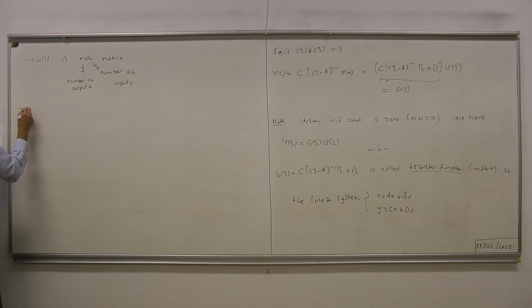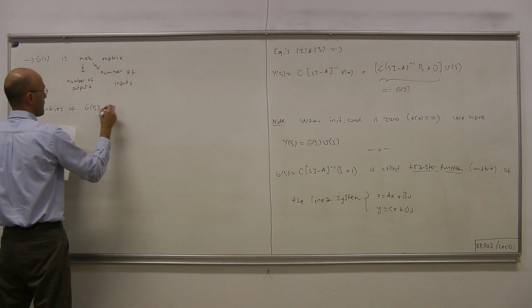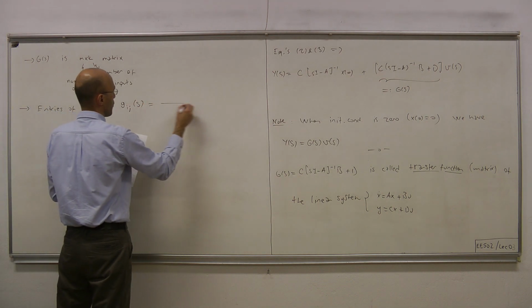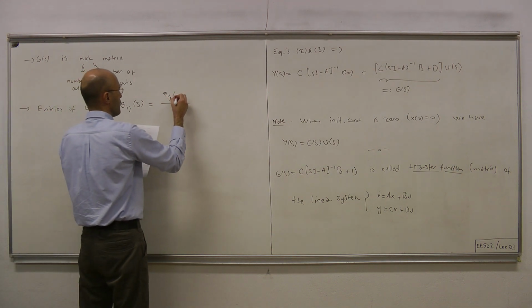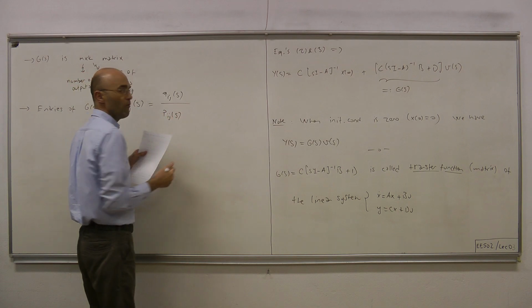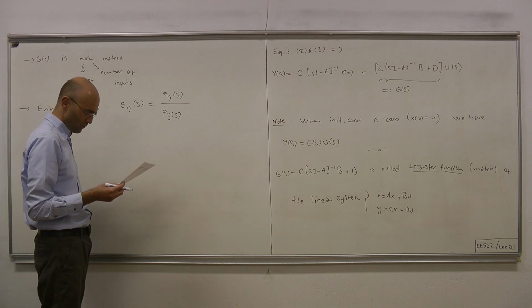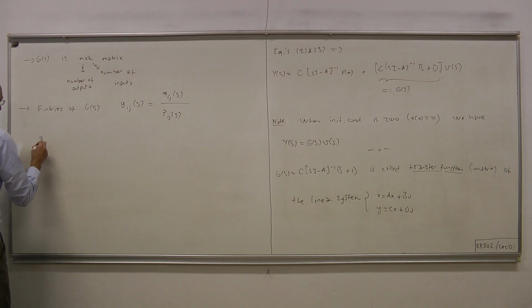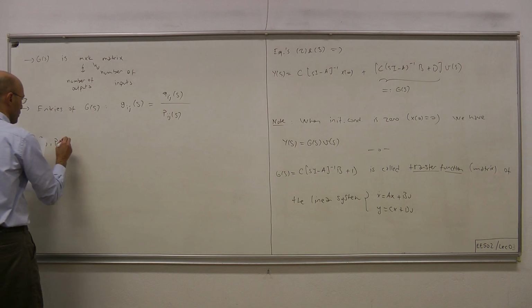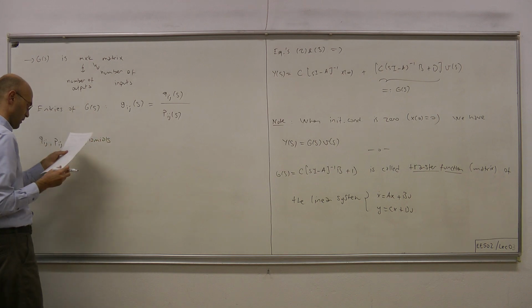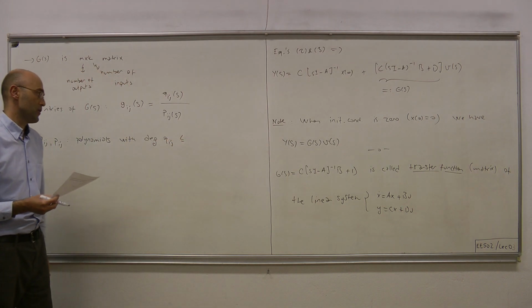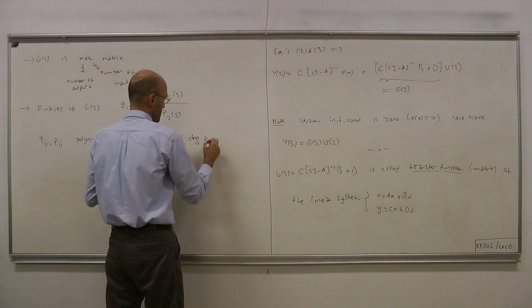What else? The entries of G(s), let's call them G_ij, the i-th row, j-th column entry of G(s), have the following form: some polynomial of s, P_ij, divided by some other polynomial of s, Q_ij. Q_ij and P_ij are polynomials in s, with the degree of the numerator never larger than the degree of the denominator for each entry.